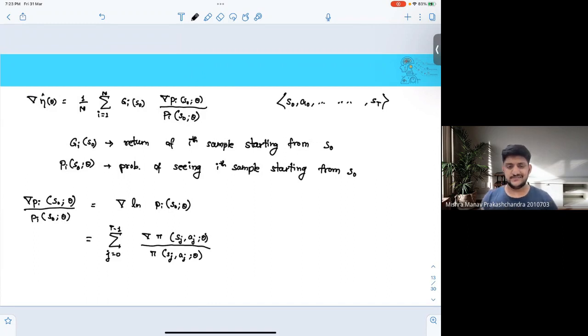So the simple unrolling of this ln pi should get you to this expression over here. Let me first highlight this important equation here.